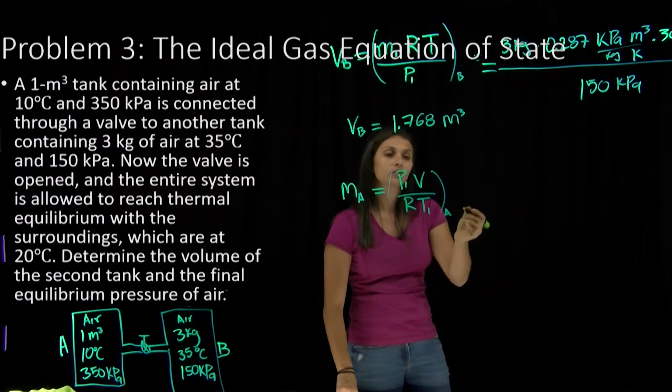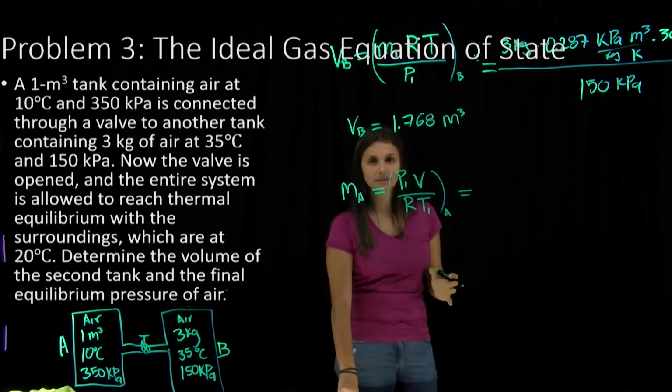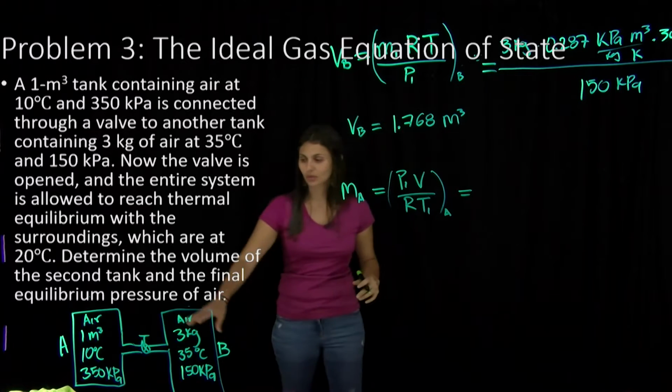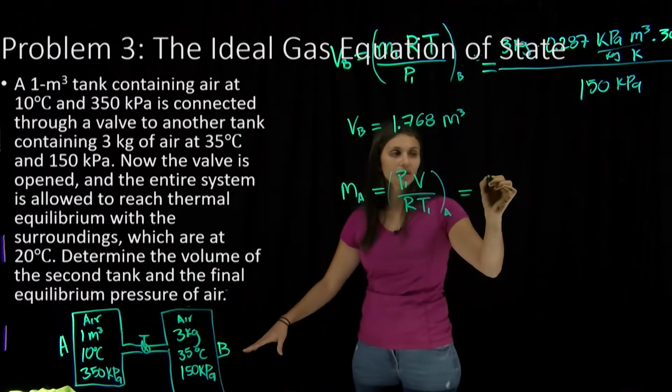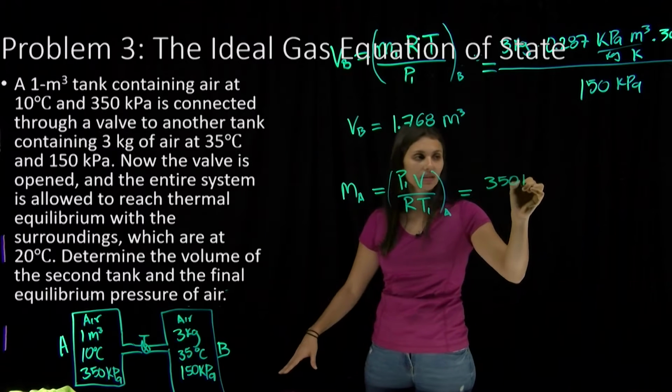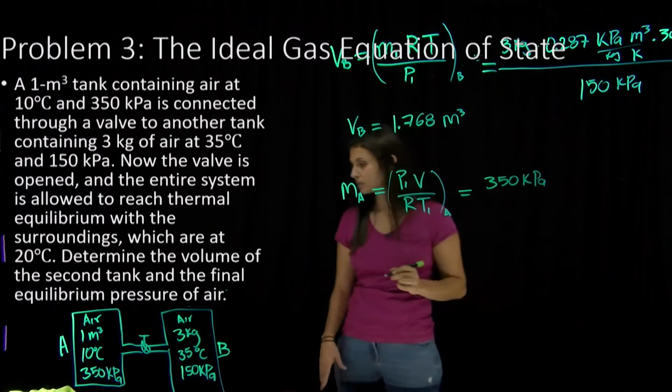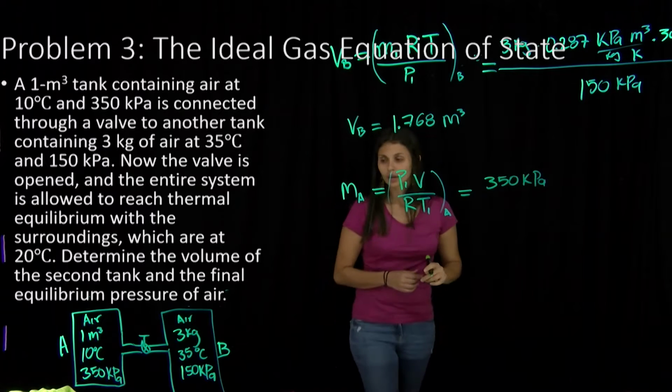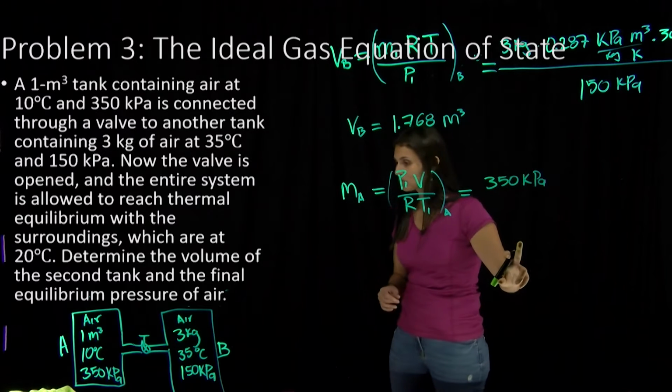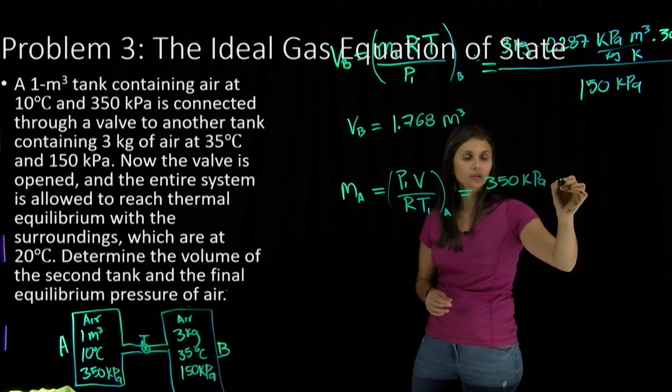And so we just do the same. We replace with the information that we have. The pressure initially is 350 kilopascals. Then the initial volume is 1 cubic meter.